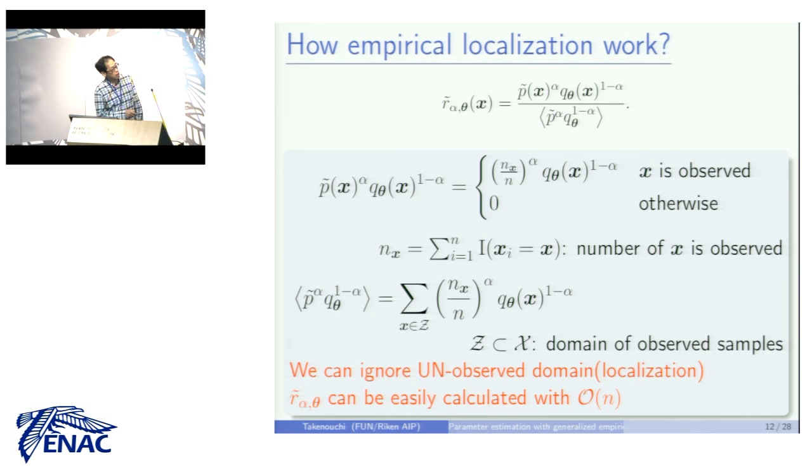This summation is defined on the domain of the observed samples, so it is very easy to calculate. So why I call this empirical localization is explained here: we can ignore the unobserved domain by this equation, because if x is not observed, this is equal to 0. So this is localization, and this term is very easy to calculate.